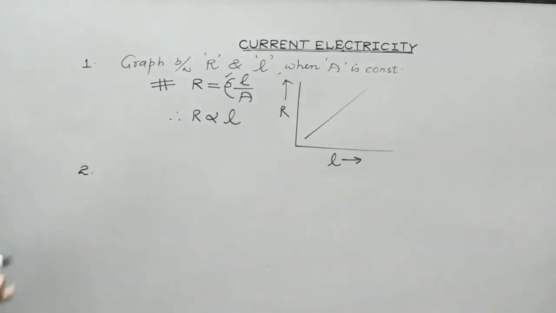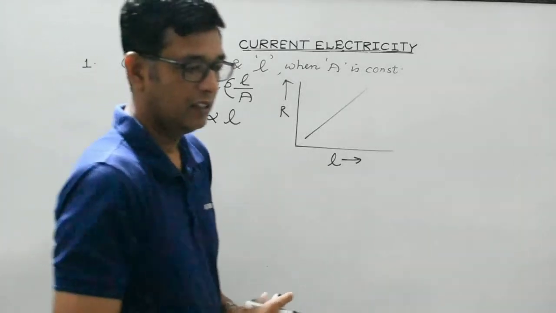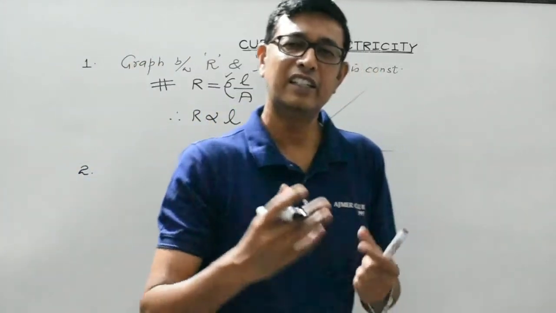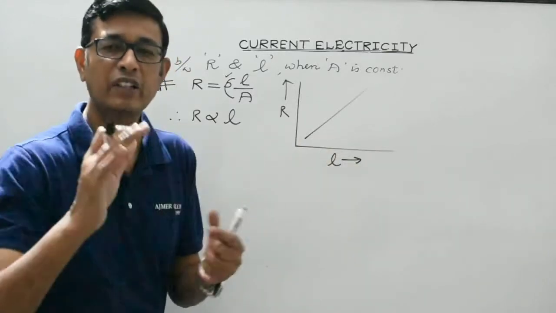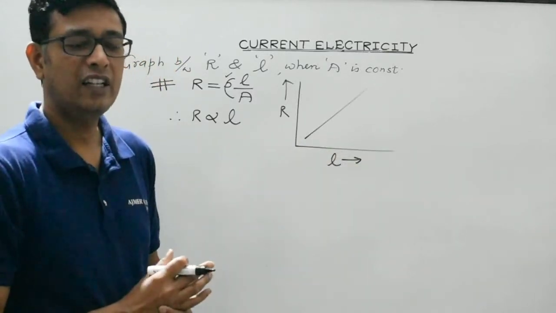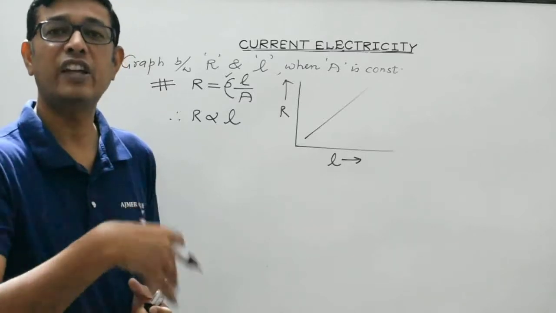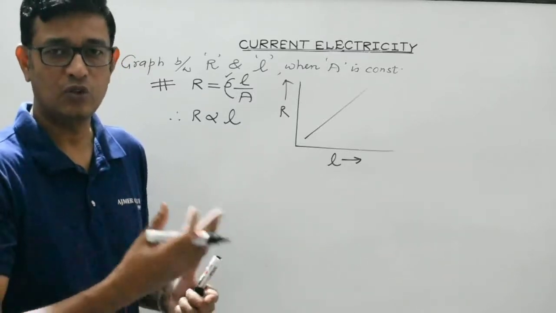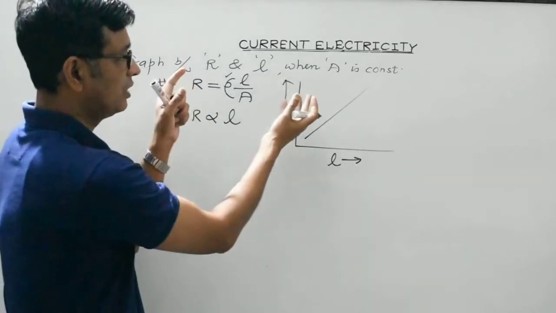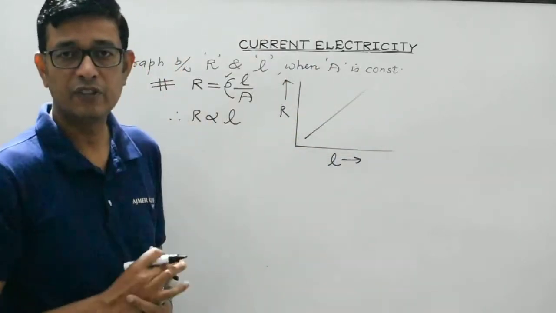Let's attempt the second question. Let us consider the length of the conductor to remain constant. Somehow, the length of a given conductor remains constant and its cross-sectional area is changed. So, we are dealing with the case which is vice versa of the first question.